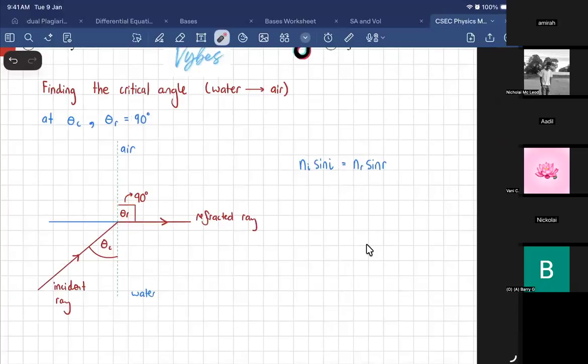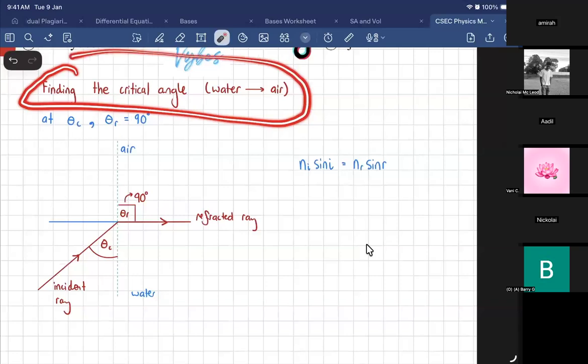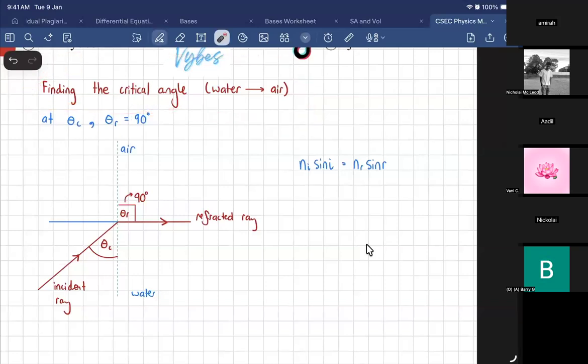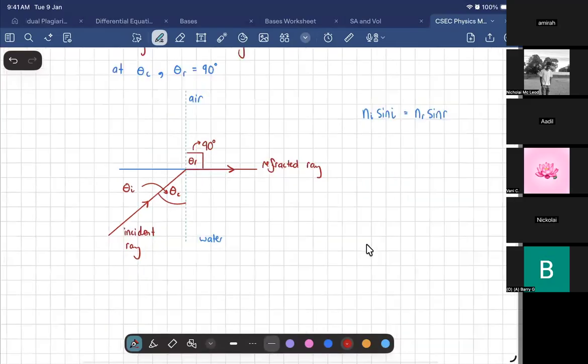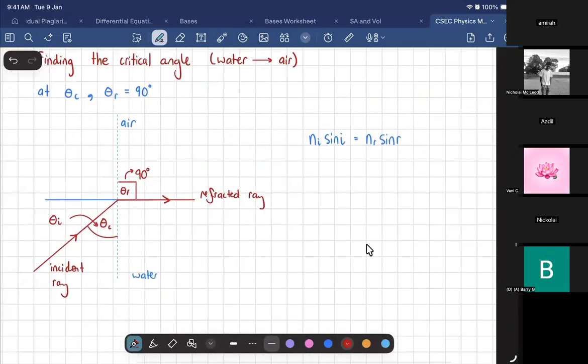Right. Now, here's what I'm saying. This topic is literally finding the critical angle. So I need you to understand that theta C is actually theta I, but we have a special name for it. It might be a bit confusing, but the critical angle is a special angle of incidence that gives you an angle of refraction of 90 degrees.